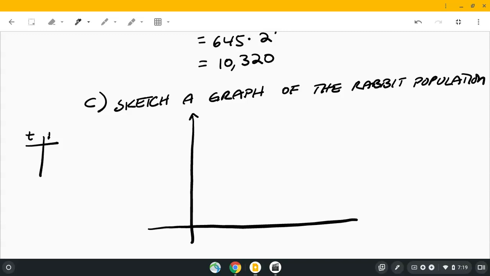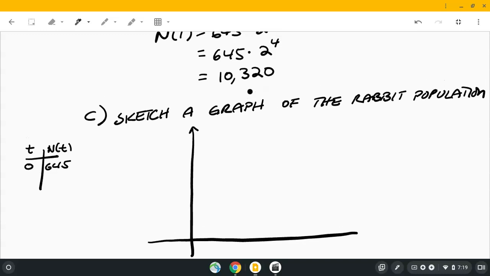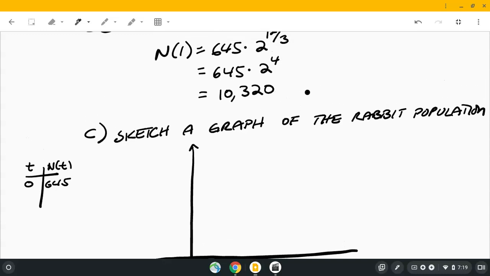At t equals 0, we had 645. And then at 12 months, I end up with 10,320.